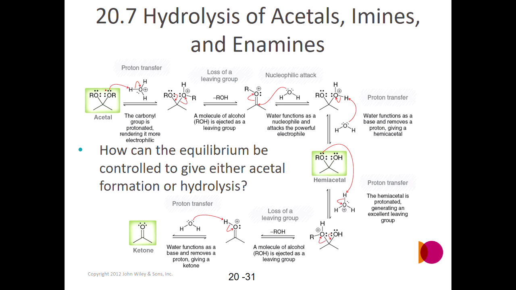So this is for the acetal. It's very similar if you had the imine or if you had the enamine. So any one of these products of addition across a carbonyl compound using a weak nucleophile we've been talking about today can be reversed in the presence of excess water with an acid catalyst.